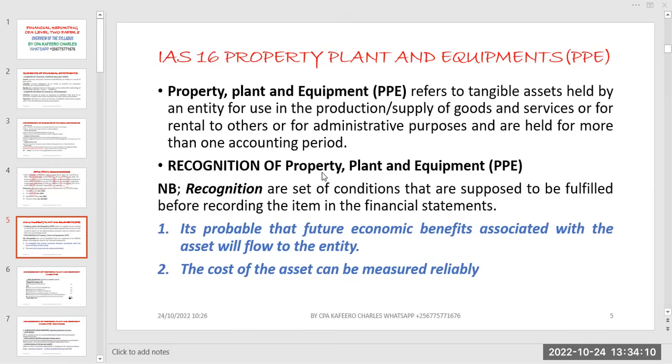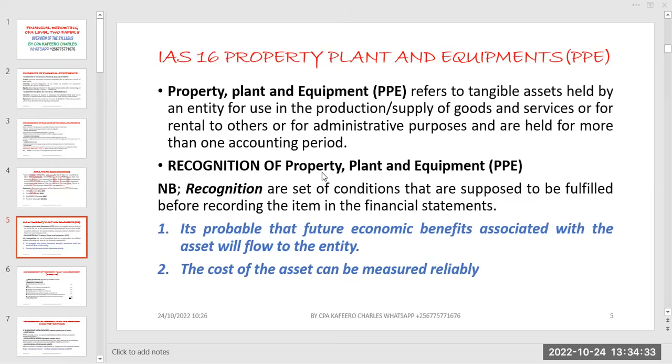But today our main focus, since we are talking about property, plant, and equipment, is a tangible asset. The intangible ones we know them: goodwill, trademarks, brand name, all that you know, or as we are going to learn when we get to the standard of IAS 38.